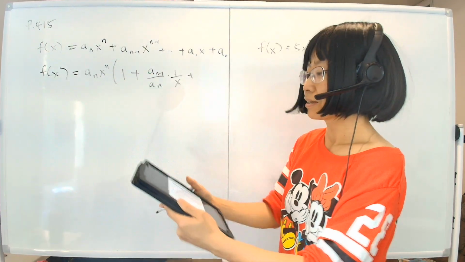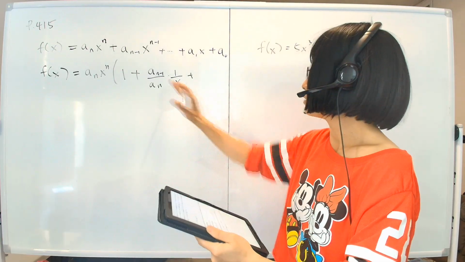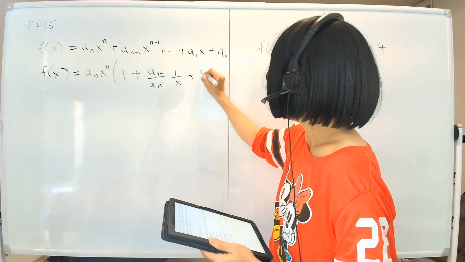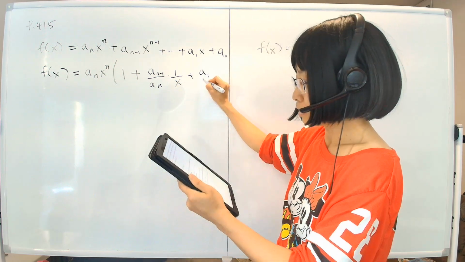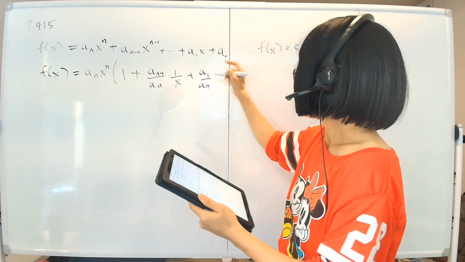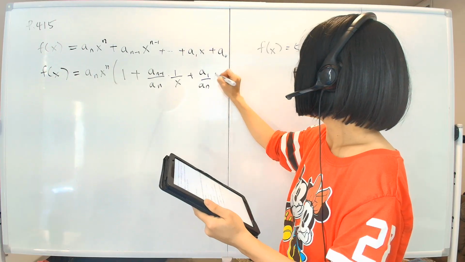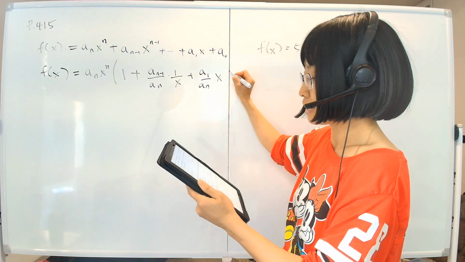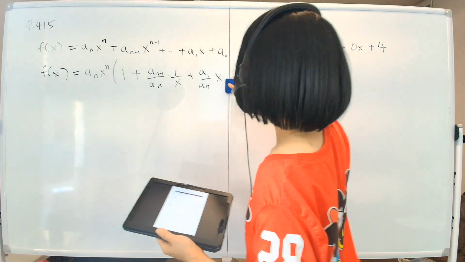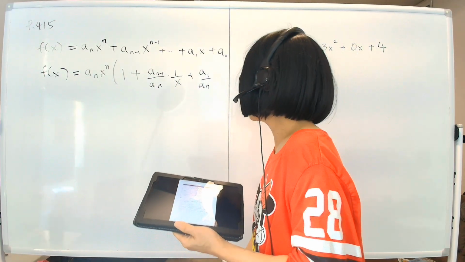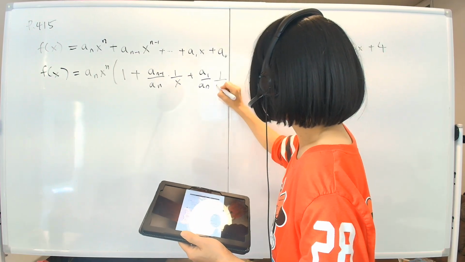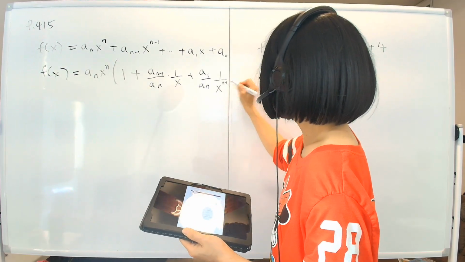Plus, you divide it through every single term, and then eventually you get a_1 divided by a_n. And by the time you got to a_1, the x power is going all the way down to 1 over x^(n-1).